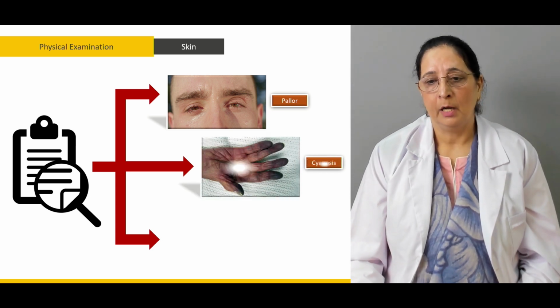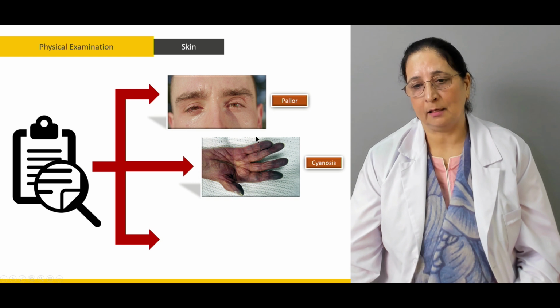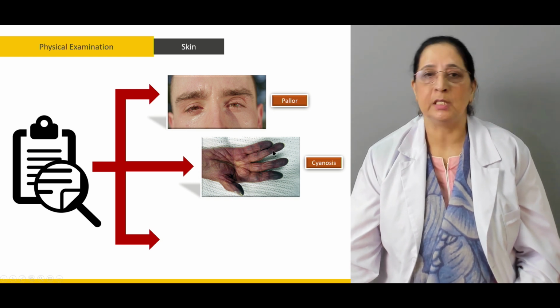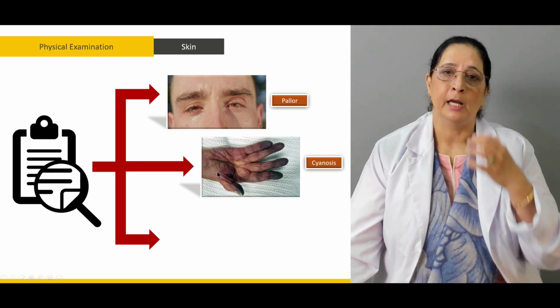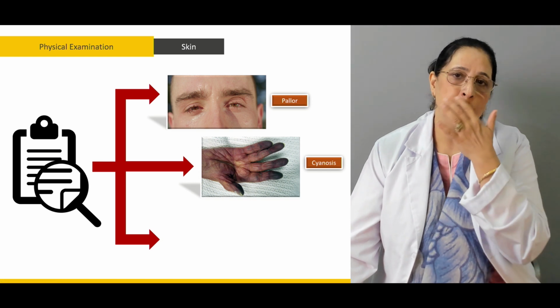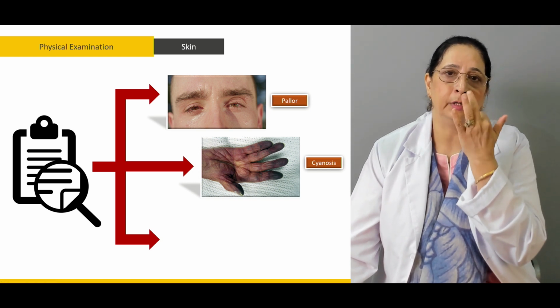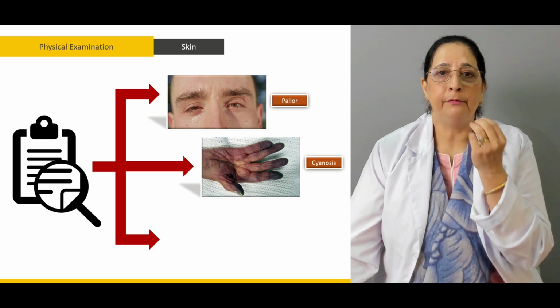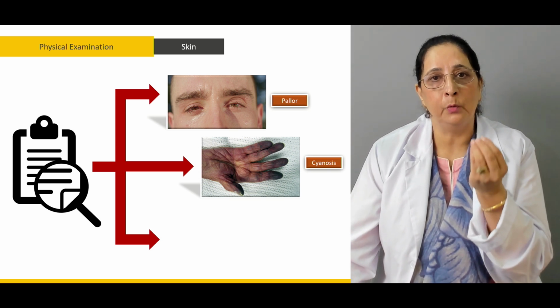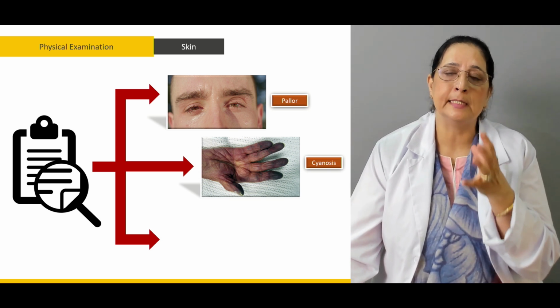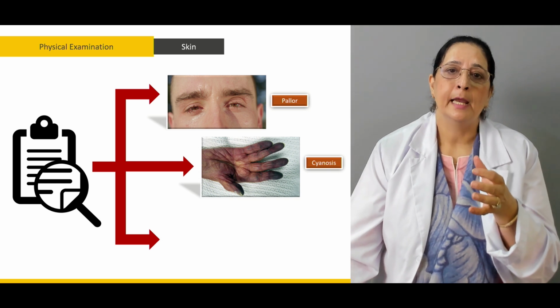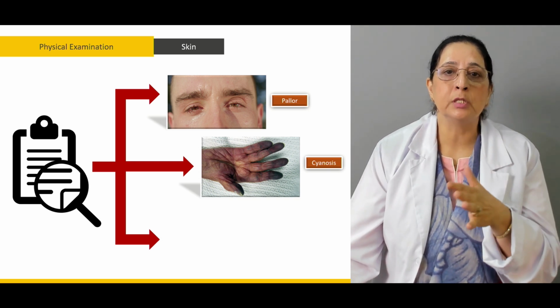Then also the cyanosis. Cyanosis is a bluish discoloration, usually in the periphery, usually around the mouth, lips become blue, the fingertips become blue in color. So this bluish discoloration of the skin is known as cyanosis.